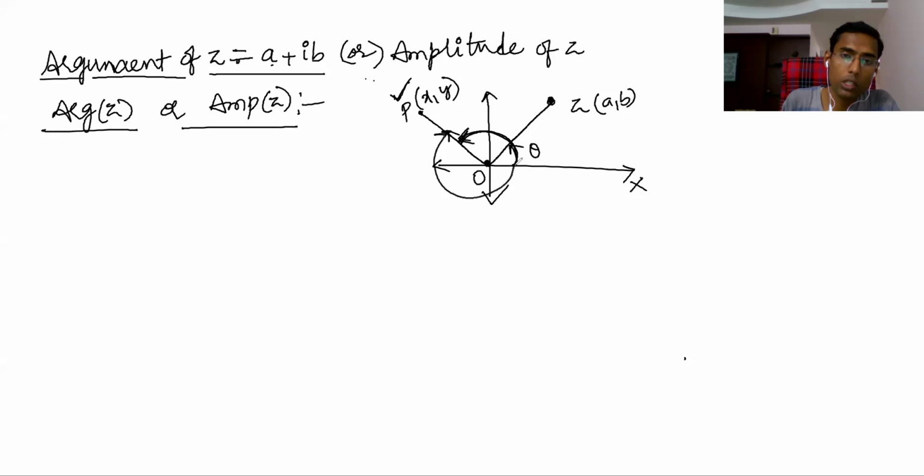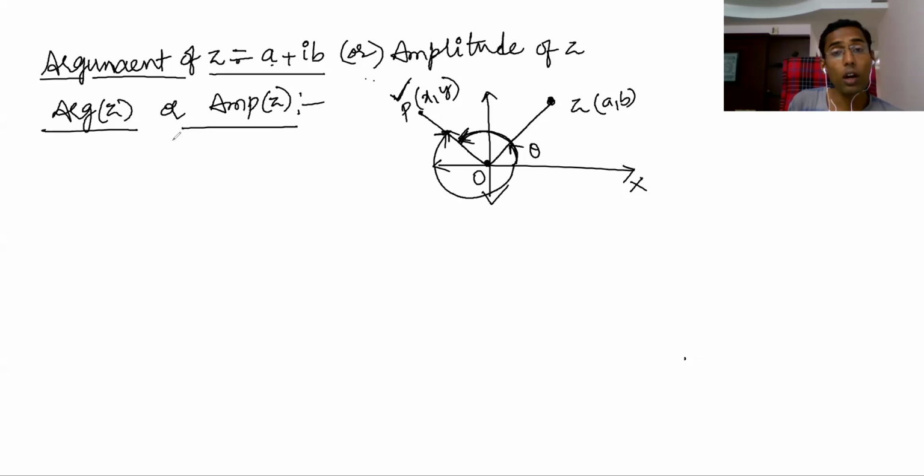Then you will get a negative angle, and that is also an argument. But if I mention the positive direction, anti-clockwise direction is positive. It is as simple as that.